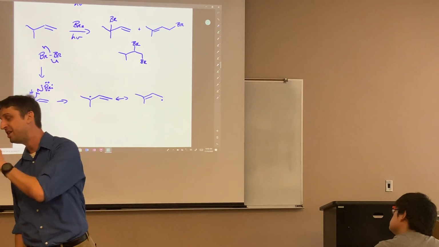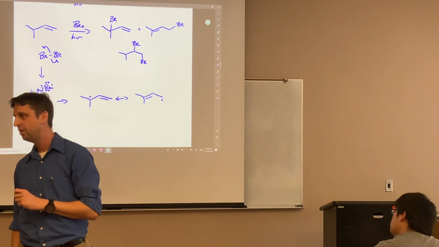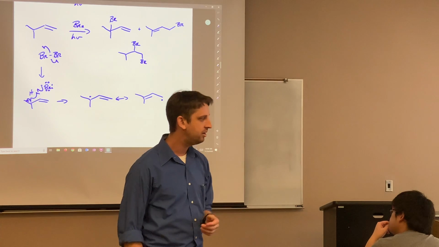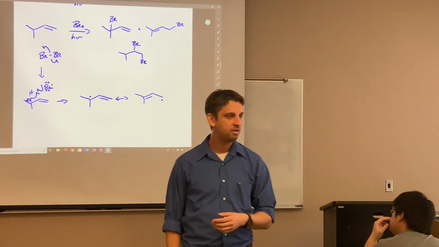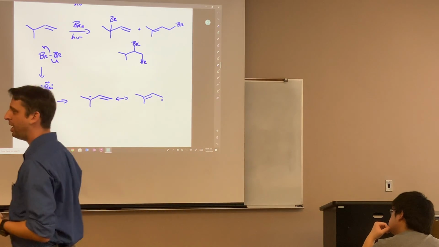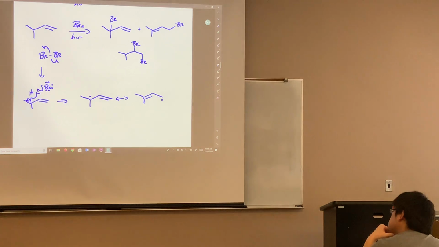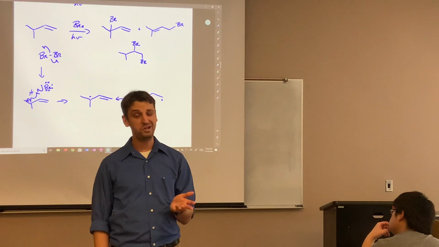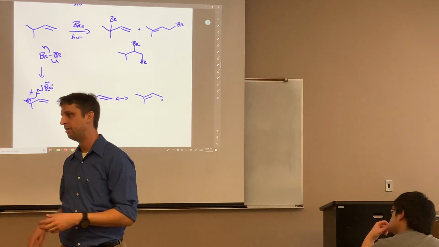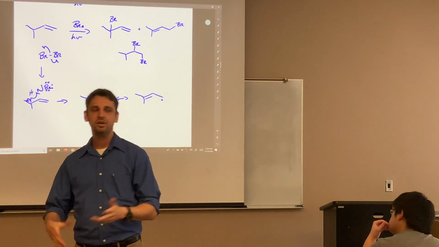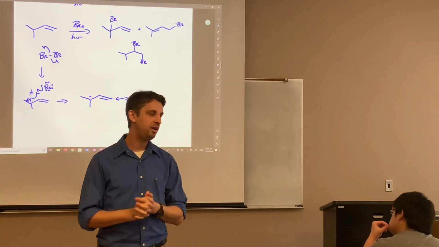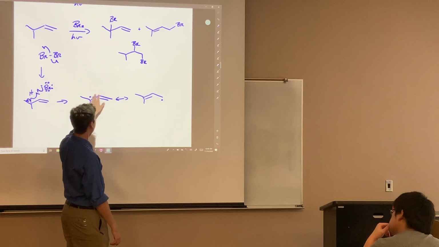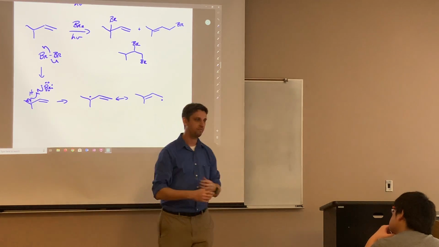If we want to shut down a radical mechanism, guess what we do? We keep things cold and we keep it in the dark, okay? If we want to promote a radical reaction, then we have to heat things up and shine light on it. Got it? But remember, as soon as you add energy into something, every reaction is going to go faster. Dr. H, I desperately want to do a radical reaction, but I don't want to do my halogenation.